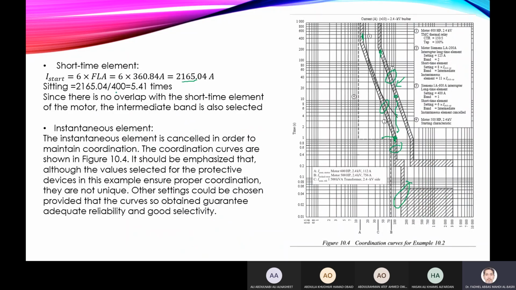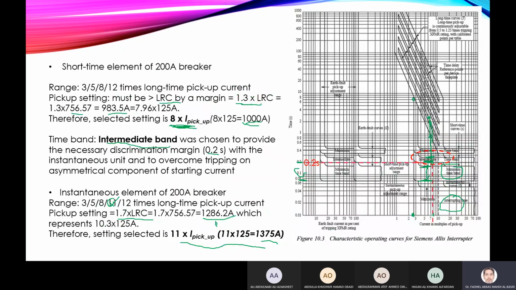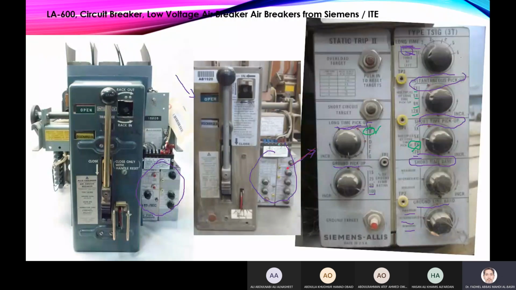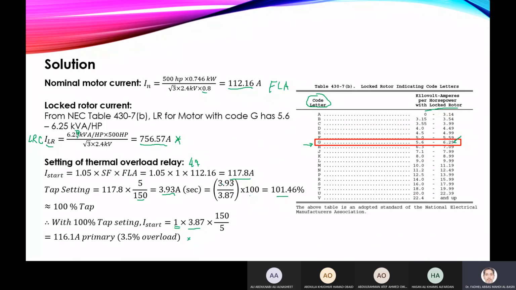At this current, this is 6 times the full load ampere over 100. This will be 5 times, and at this current I'll also choose the intermediate time band. So at 6 times, the intermediate band gives me the coordination.